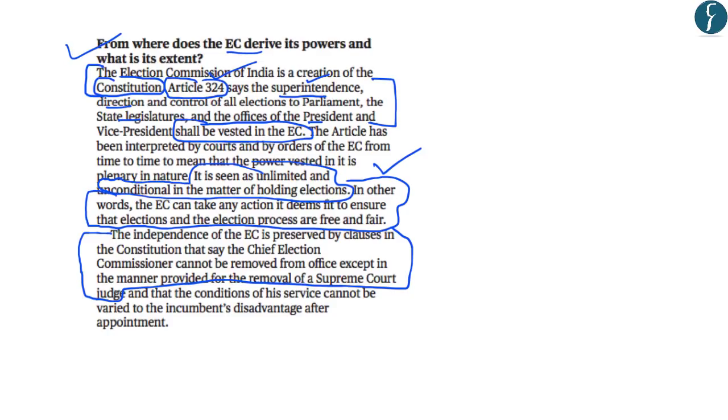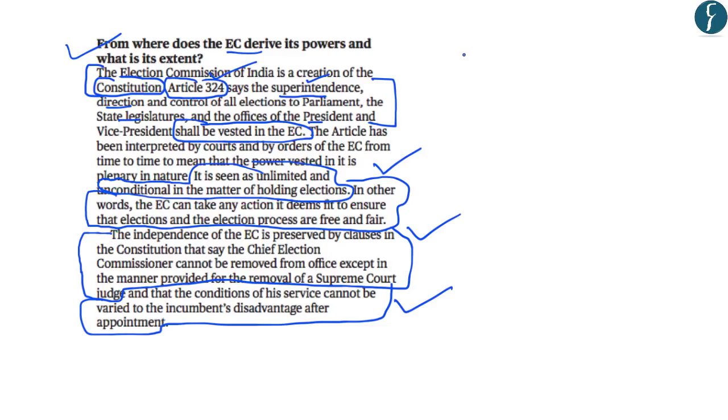Further, the conditions of service cannot be varied to the incumbent's disadvantage after the appointment, which means that once the Election Commissioner has been appointed, his conditions of service, for example, his pay and perks, cannot be reduced. So these clauses provide for the independence of the Election Commission. So these are the articles and clauses of the Constitution which provide the powers to Election Commission of India in conducting free and fair elections.